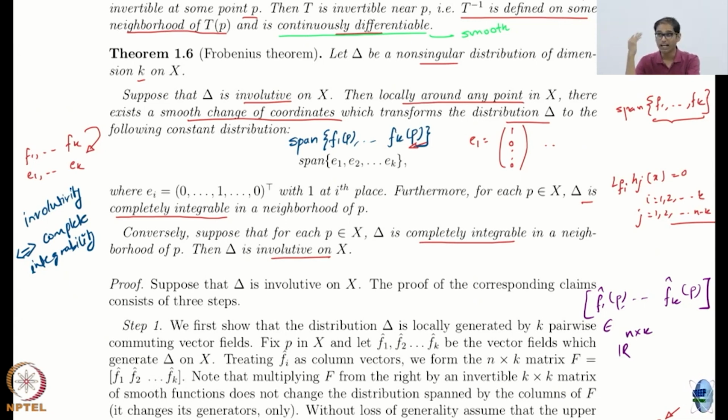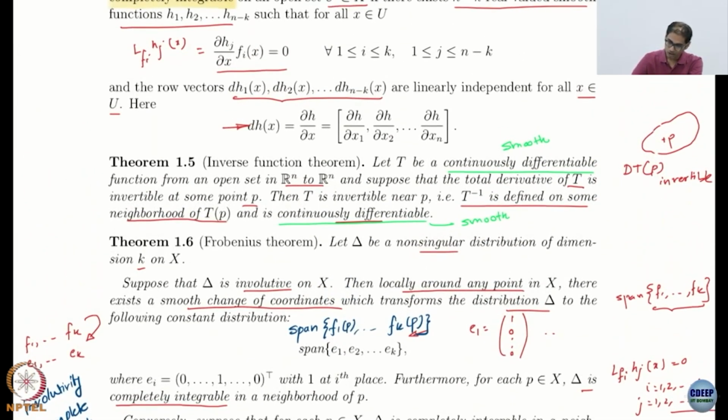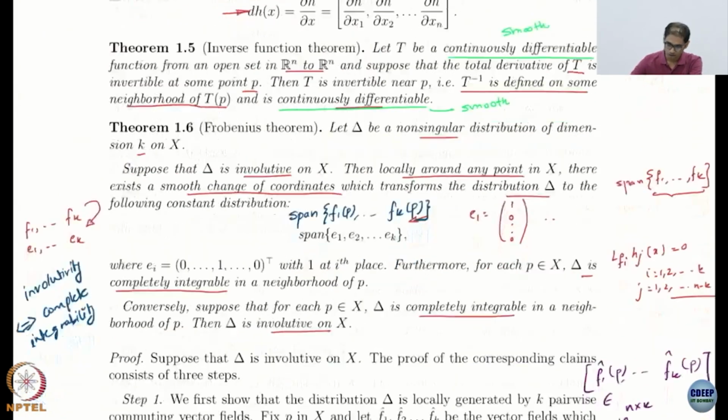And when we say it's completely integrable, you actually get these functions h1 to hn minus k, the derivatives of which act as annihilators. All right, these are what will become our new coordinates.